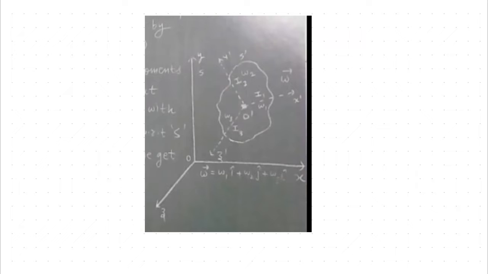When the rigid body rotates, this principal axis frame will also rotate, and the body is rotating with an angular velocity omega.